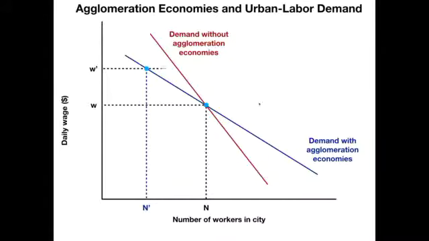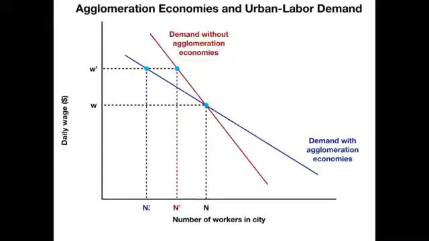And if I continue further over to the other demand curve, we can see the number of workers demanded at that wage rate in the city without agglomeration economies. The one thing you should notice here is that the decrease in the number of workers demanded is much greater when we have agglomeration economies present versus when they're not present.